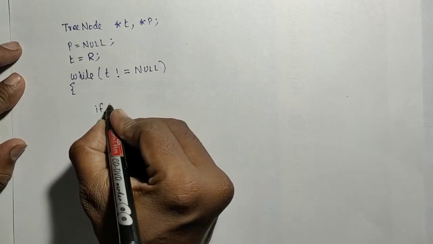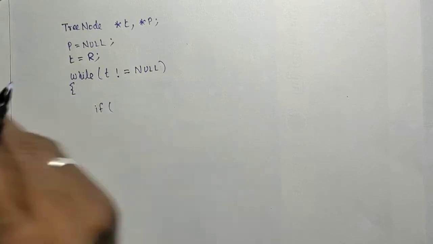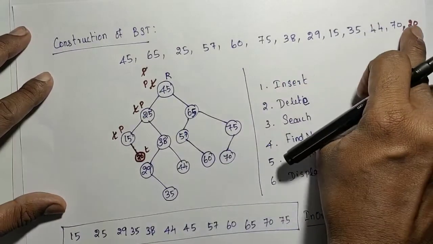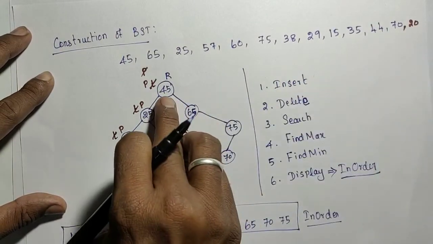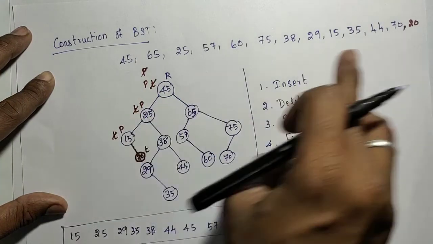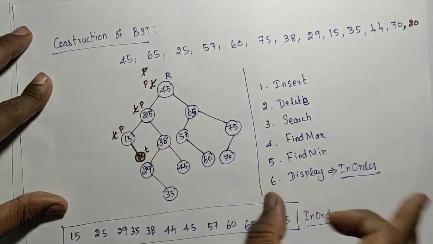In which situation do I have to move the t to the left side? If the new data x is less than the t data, t will be moved to the left side. If the new data is greater than the t data, I need to move to the right side.